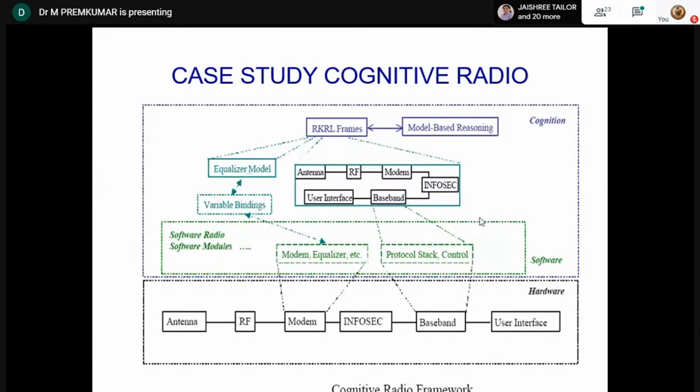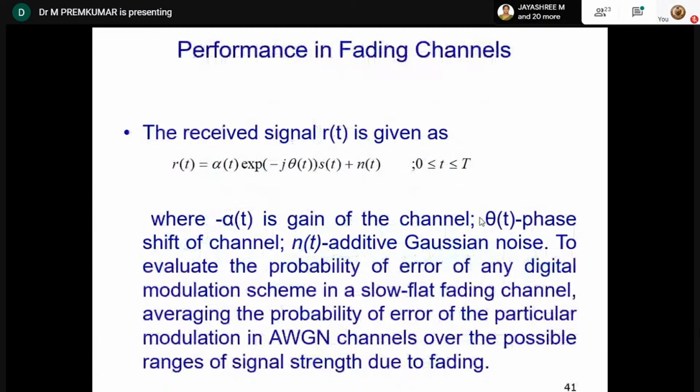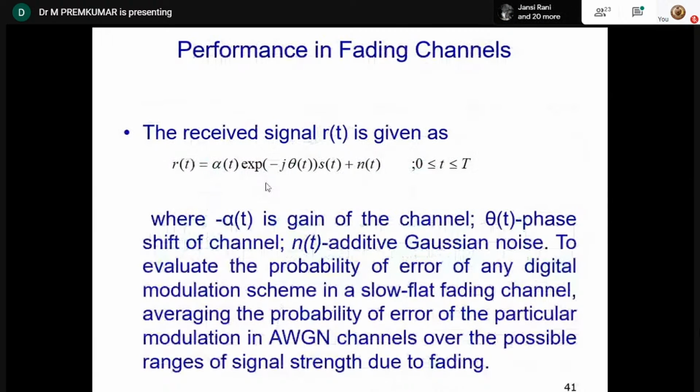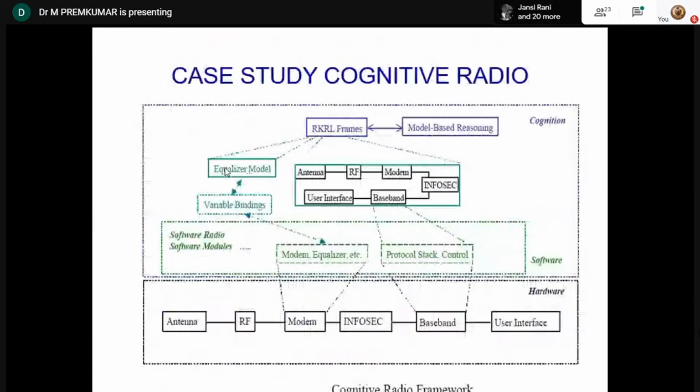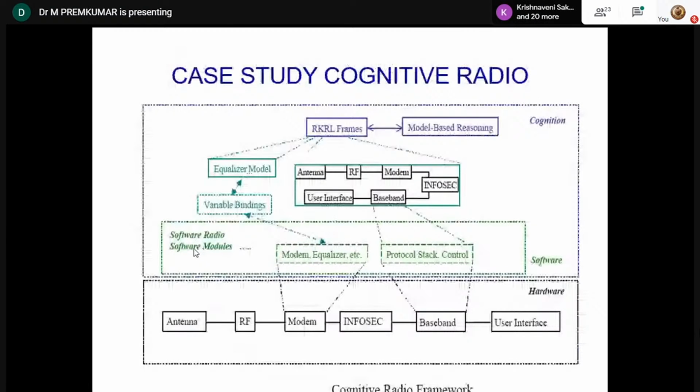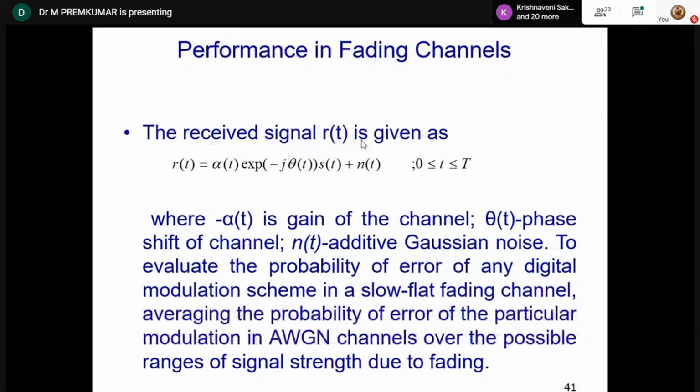Now, if you consider this cognitive radio setup in a fading channel, we have seen the fading channel, that is, we have seen this particular system. In this mathematical representation, if you consider this fading signal, the received signal r of t is given by alpha of t into e power minus j theta of t into s of t, where s of t is the transmitted signal.